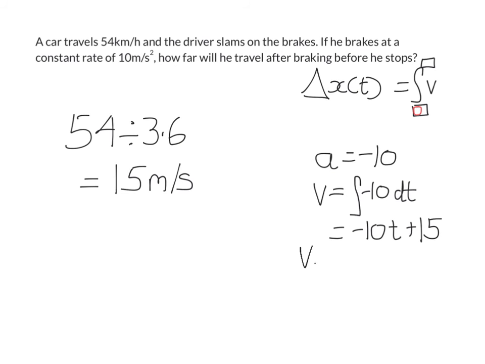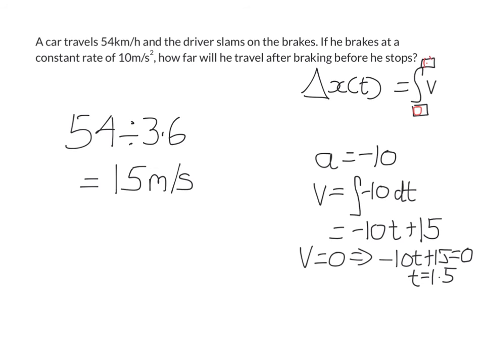So if the velocity is equal to 0, we get minus 10t plus 15 equals 0. Easy to solve. Subtract 15 from both sides. Divide by minus 10, you get t equals 1.5. So this car traveled for 1.5 seconds. He put on the brakes and 1.5 seconds later the car stopped.